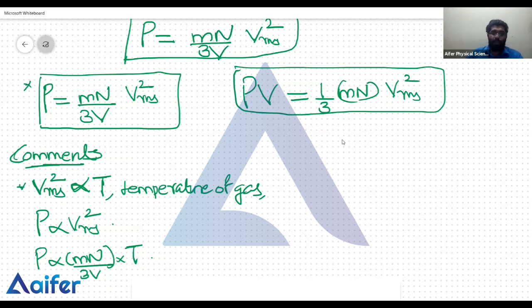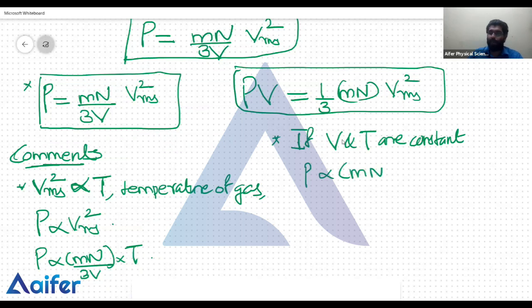Now, next point. If V and T are constant, then we can say P is proportional to just mN. What is mN? Small m is the mass of a single molecule, N is the number of molecules. So this quantity represents the mass of the gas. So P is proportional to this.